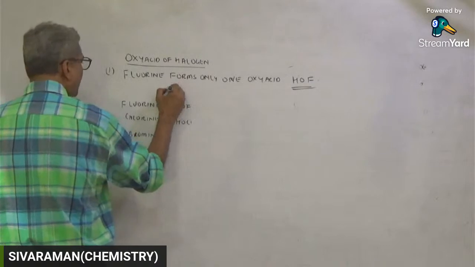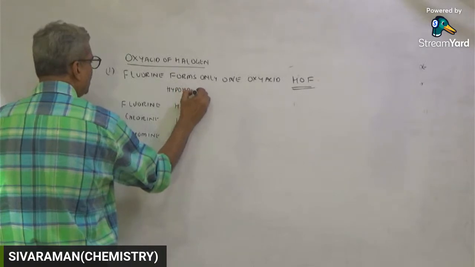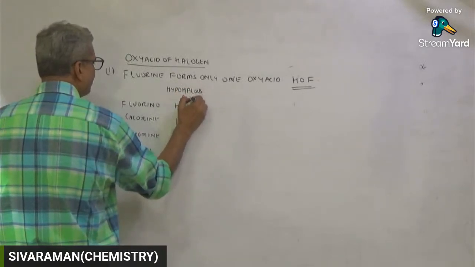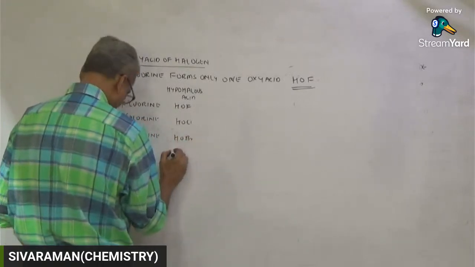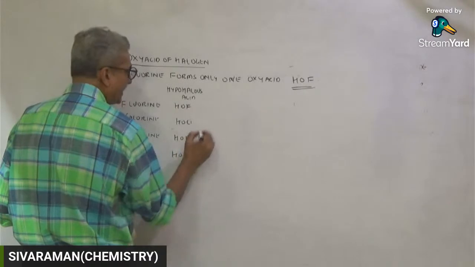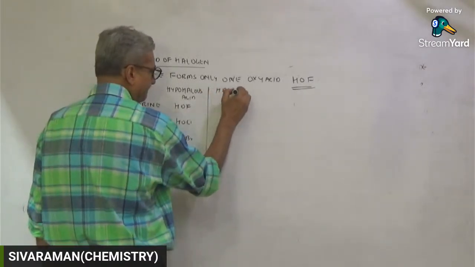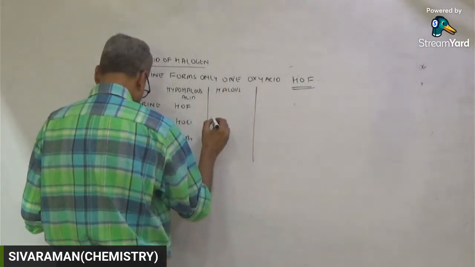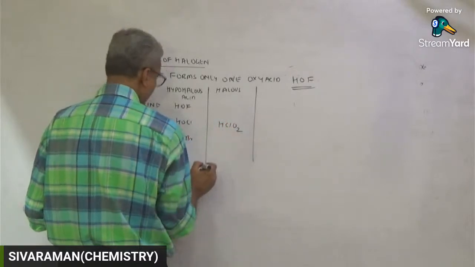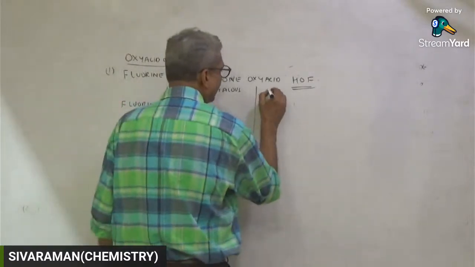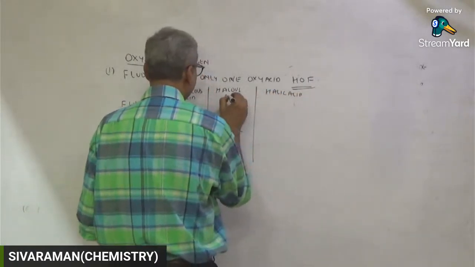These are called hypohalous acids. So hypochlorous, hypobromous, HOBr. Then you have halous acid. Halous is HClO2. Then you have halic acid.